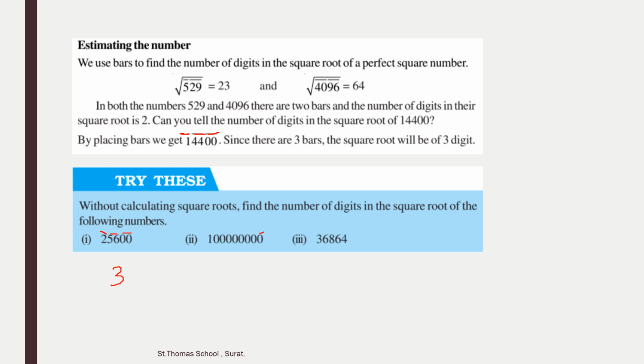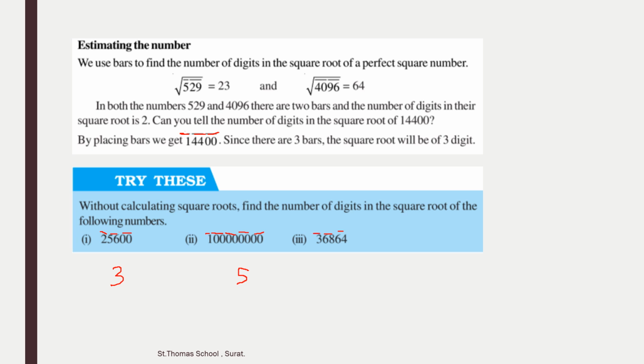Clear? Next one, 1, 2, 1, 2, 1, 2, 1, 2 and 1. So how many bars? 1, 2, 3, 4, 5. Therefore, 5 digits in the square root of this number. Clear? Next one, 1, 2, 1, 2, 1.